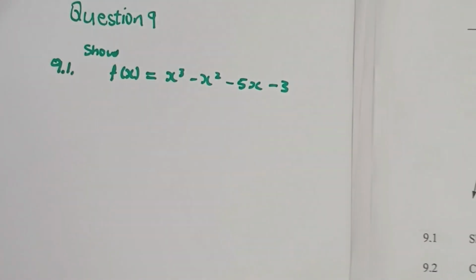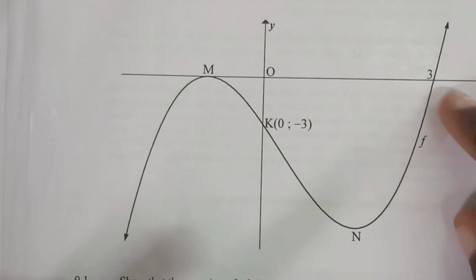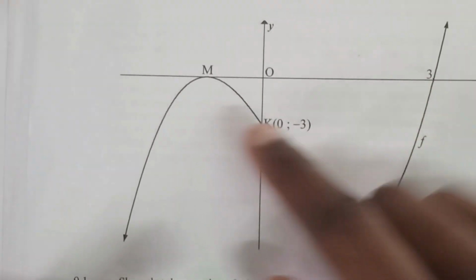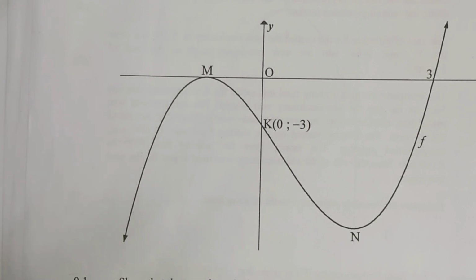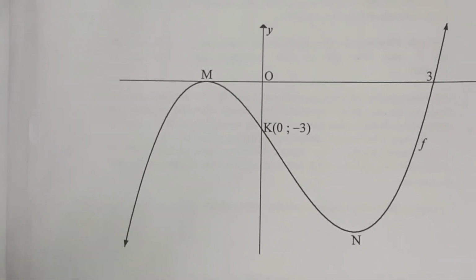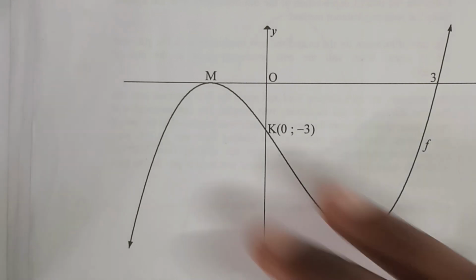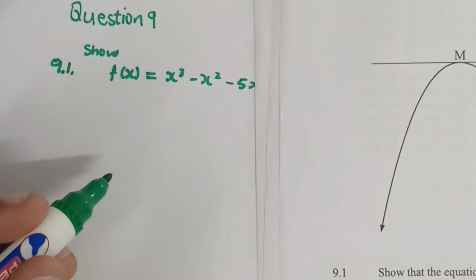Okay, now let's just interpret the graph a little bit. We are given that here is the x-intercept, and here is the turning point, and also an x-intercept. I should give you the ways to find the equation for this type of question.